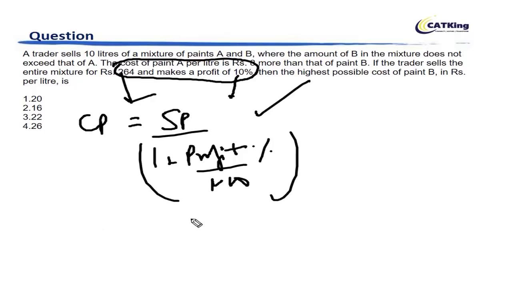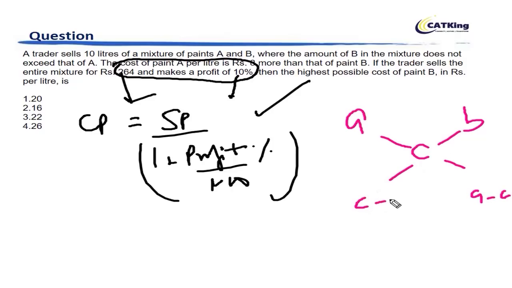Next is basic alligation. What does alligation say? If there are two values A and B, and you know the ratio, and let's say the average is C. If A is greater, then this becomes A minus C, and in this case C is greater, so this becomes C minus B. So the ratio is C minus B to A minus C.